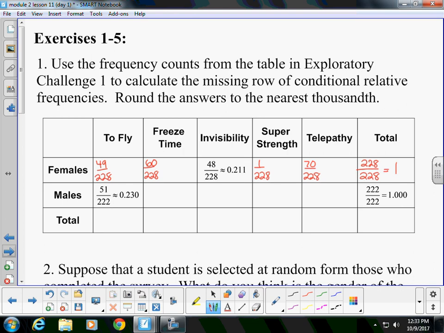So let's see what those female numbers come out to. For the first one, 49 divided by 228 is 0.214, or roughly 21%.